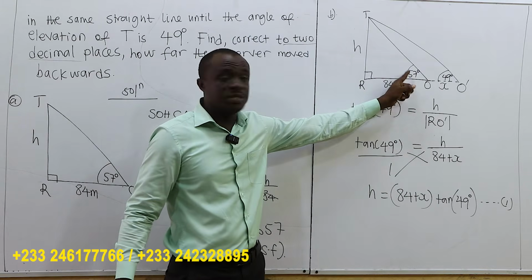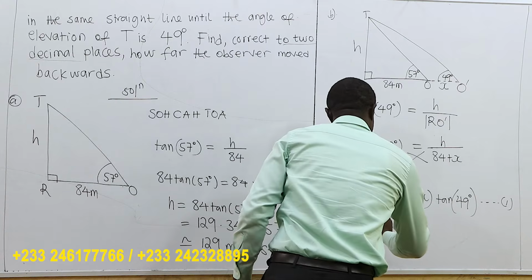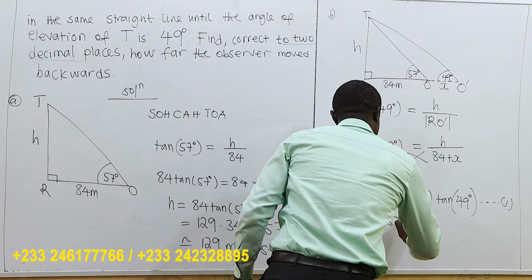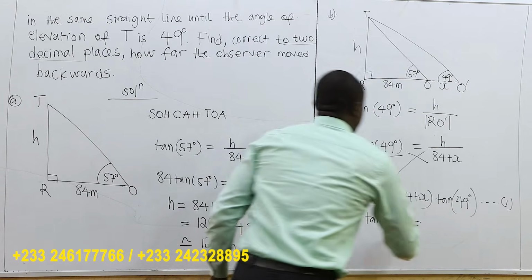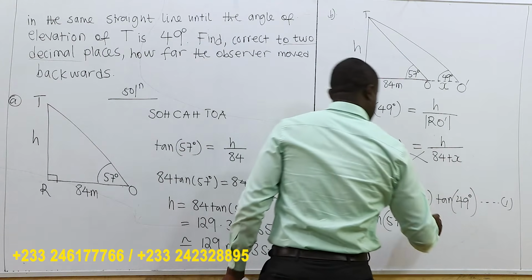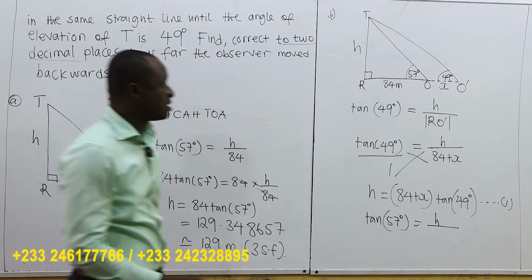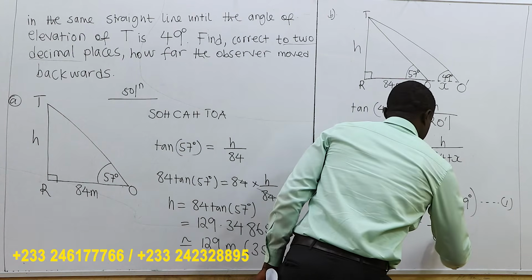Equation 2: tan 57 is opposite over adjacent. Now what is the opposite? The opposite is TR, which is the same as H, over the adjacent, which is OR.